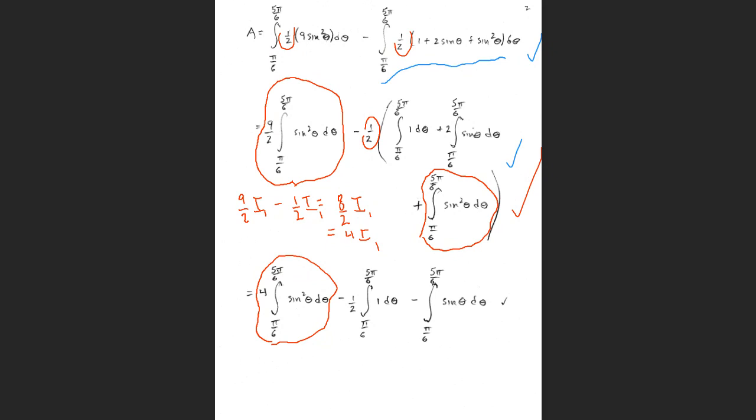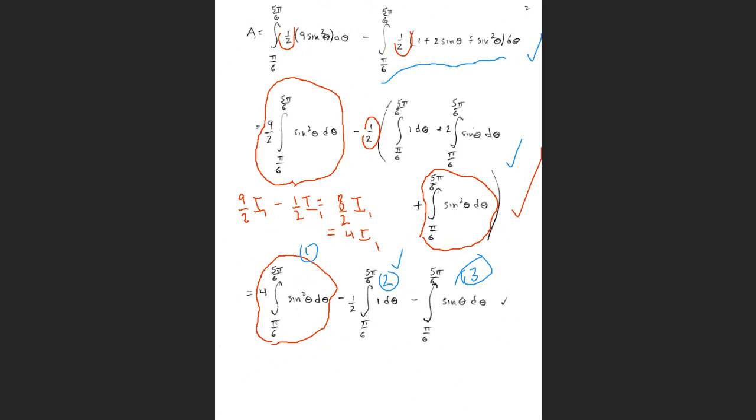So we have 3 integrals to do, and the limits are from pi/6 to 5pi/6. The second integral is not going to be a big deal. But for the first and third integrals, we're going to have to evaluate trig functions at pi/6 and 5pi/6.